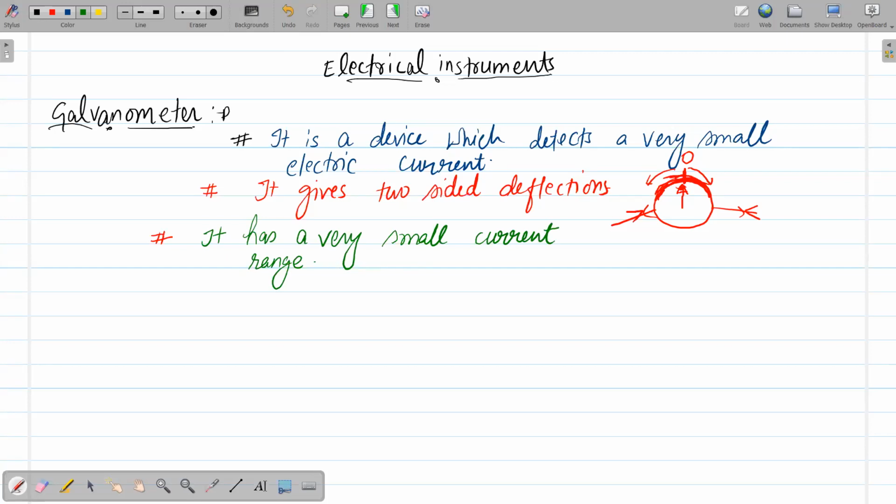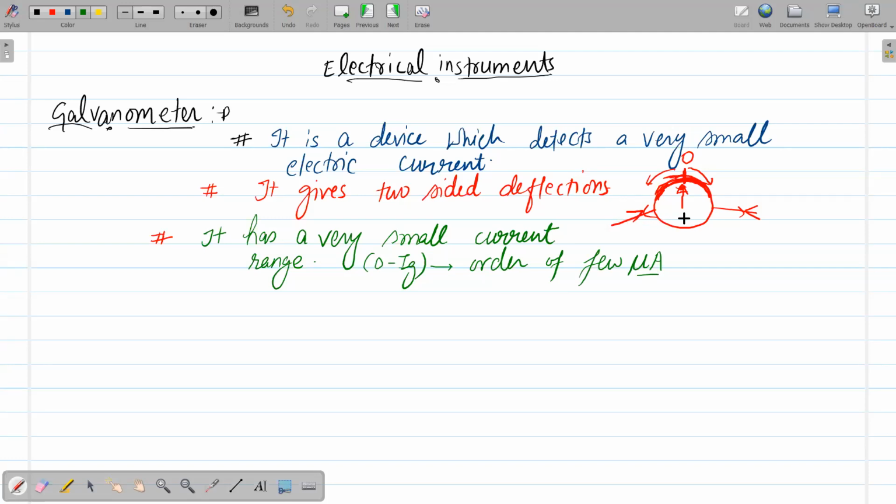Means the maximum value of current, let me call this IG, that can be passed through the galvanometer safely is very small. Like it is of the order of few microampere. This is a very small amount of current that can be passed through it, right? A large amount of current like 1 ampere, 2 ampere cannot be passed through it.